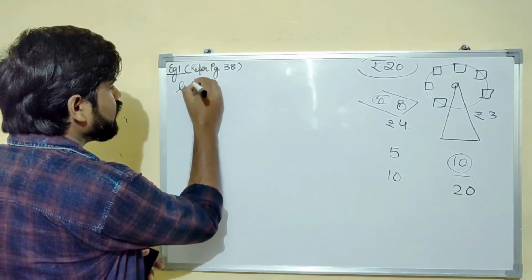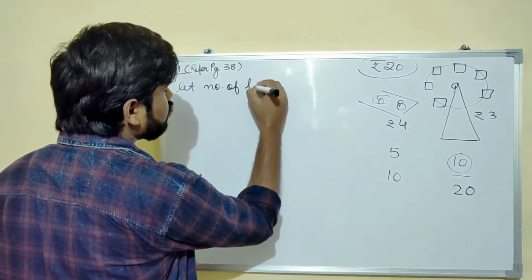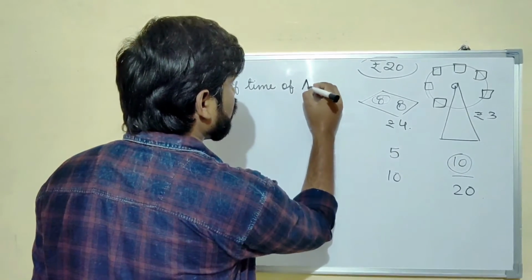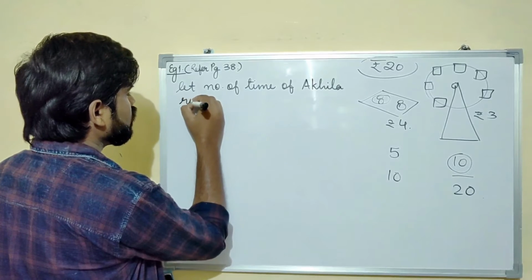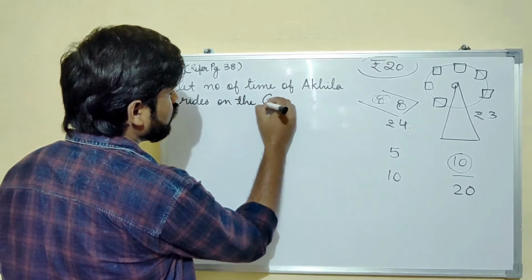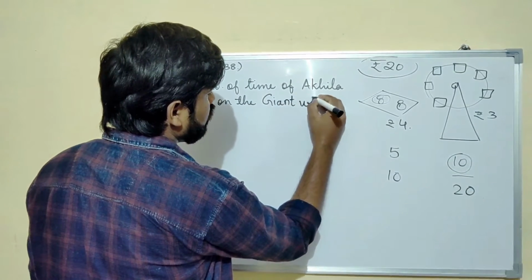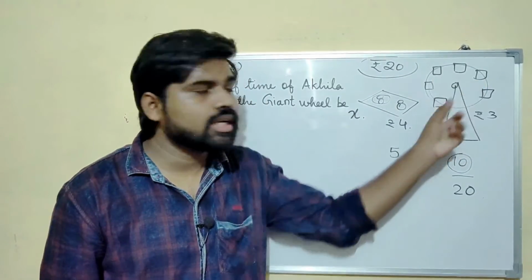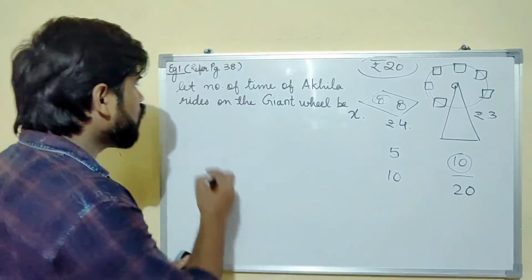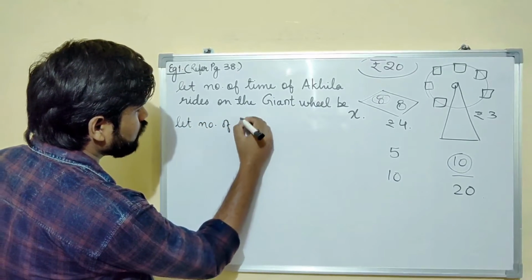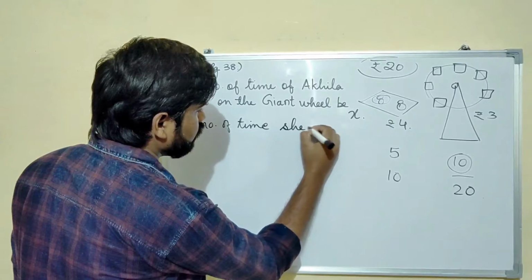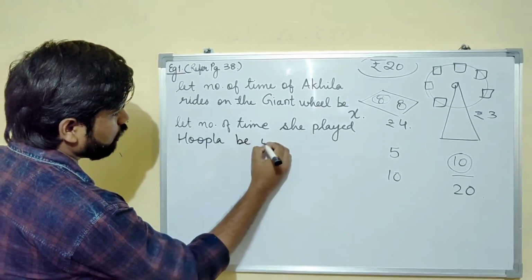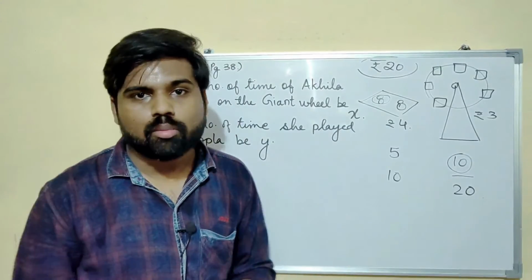So let us assume, let the number of times she rides, or Akhila rides, on the giant wheel be X. Now let the number of times she played hoopla be Y. Don't you worry, I'll reiterate the problem for you once again.